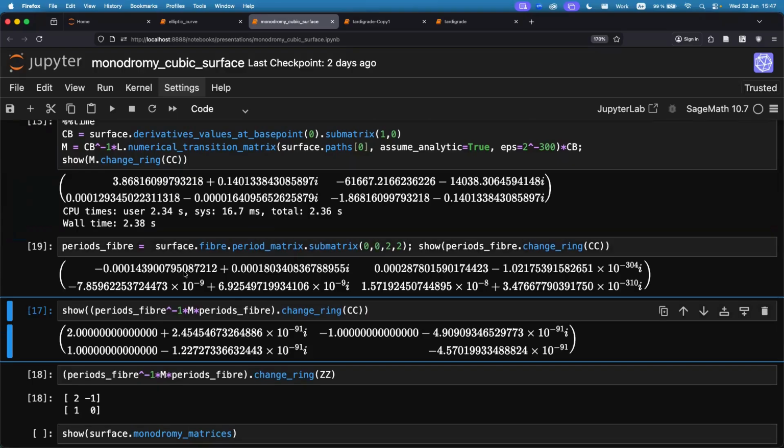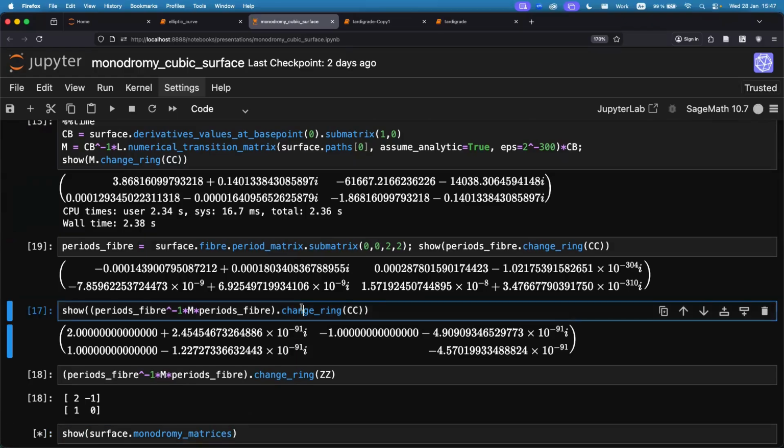Here are the periods of the fiber, and what I claim is that if you conjugate the action of monodromy on the solutions of the differential equation by the periods of the fiber, you should obtain a matrix which has integer entries.